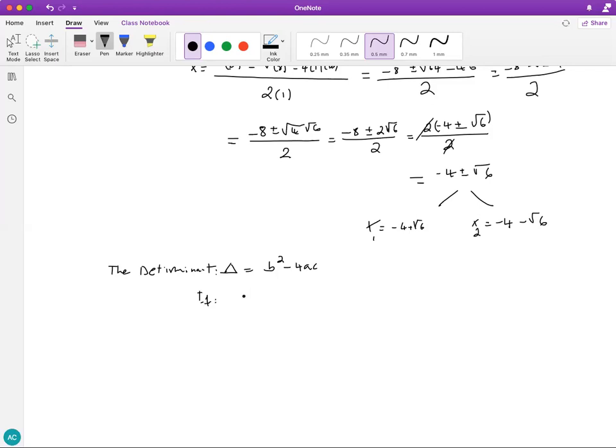So if delta is greater than 0, how many solutions do you think we have? Everybody remembers this from prior. If you evaluate this and it turns out to be greater than 0, then you will have two solutions. Then you work your way through getting those solutions.